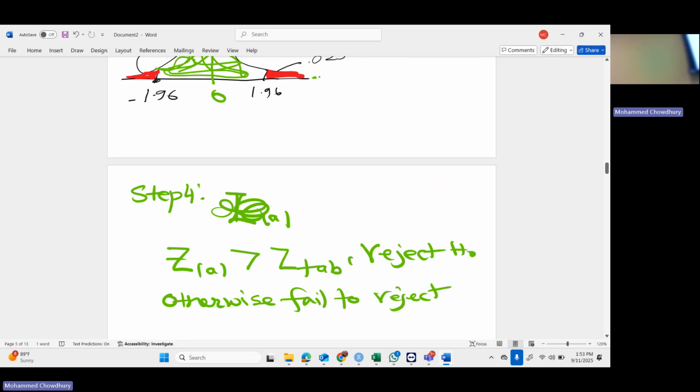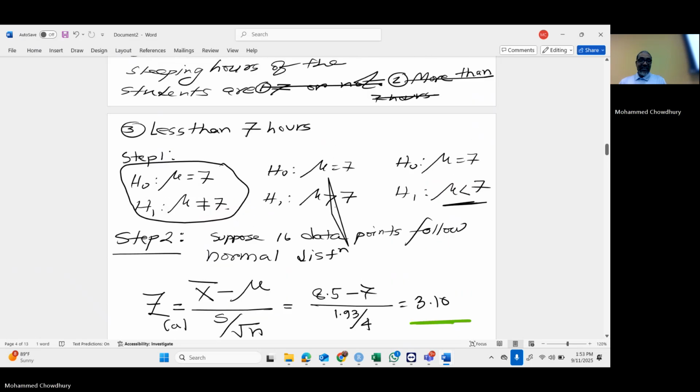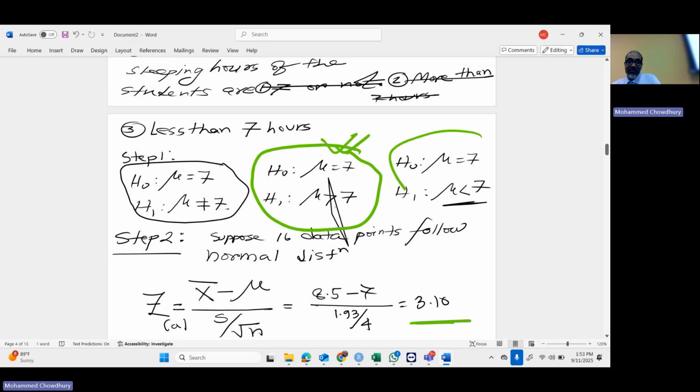Now, one of you said, how about other? So take a look at that. How can we handle this scenario, understand? How can we handle it if our null and alternative hypothesis are like this or like that?